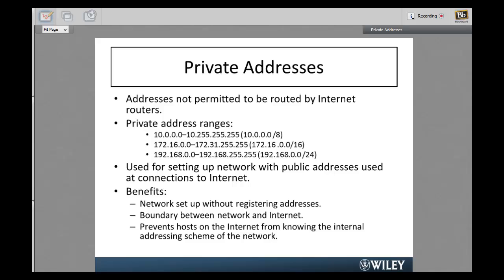So addresses from 10, you see these ones, belong to class A, class B, class C. These can be used for a network, but they will not work on the internet. So you will never see an IP address of this kind in the internet space.